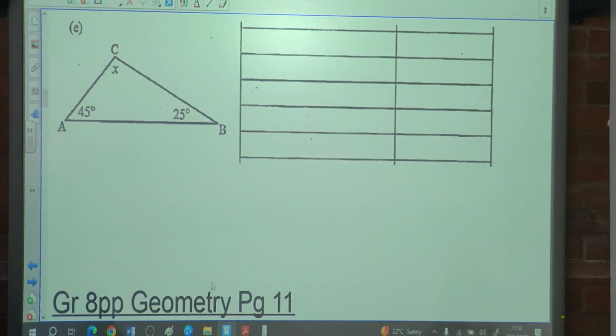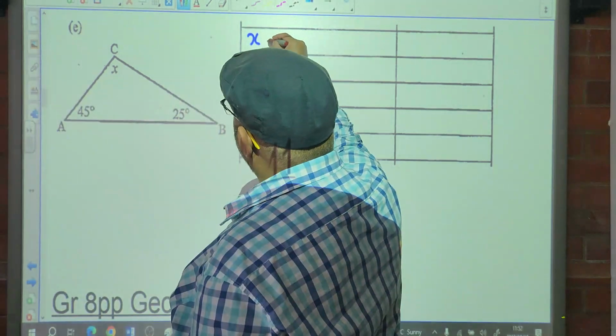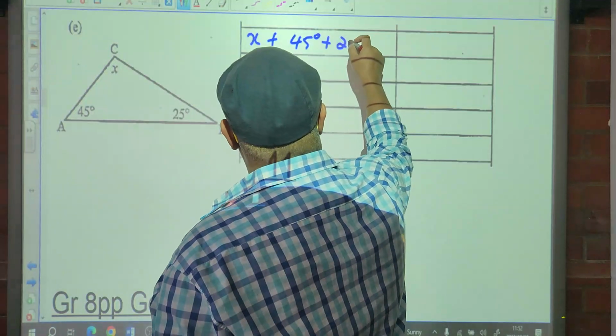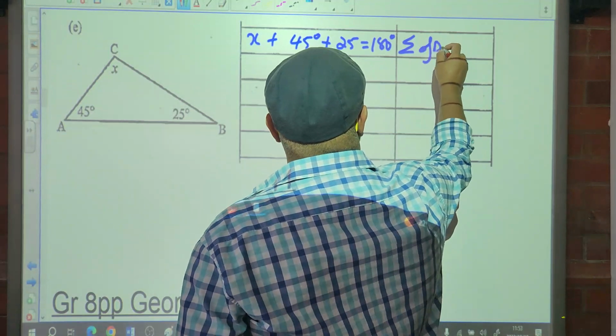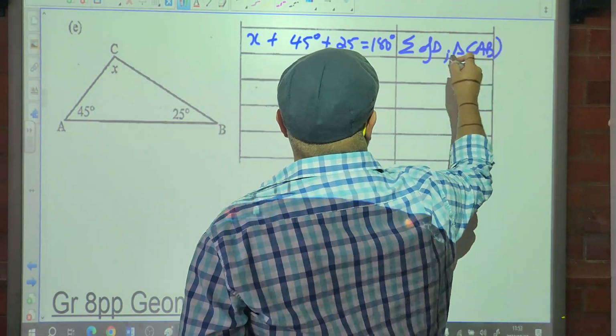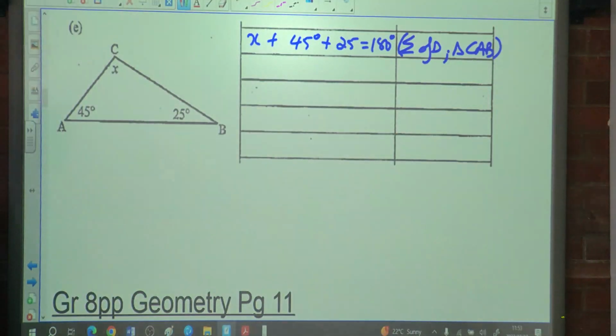Look at E. I'm going to solve for x. Sum of triangles again. x plus 45 degrees plus 25 equals sum of triangle, and it's triangle CAB, or ABC, or BCA, or whatever.